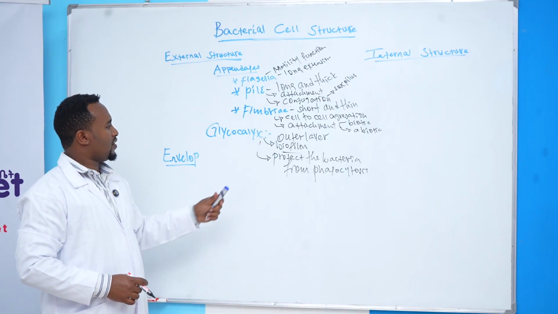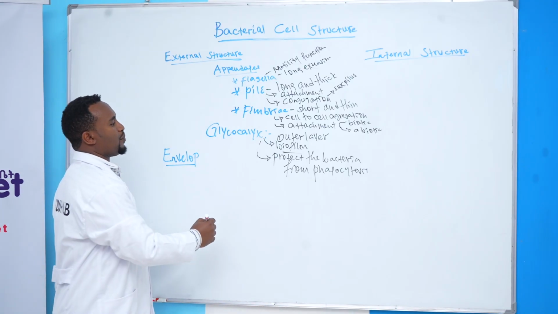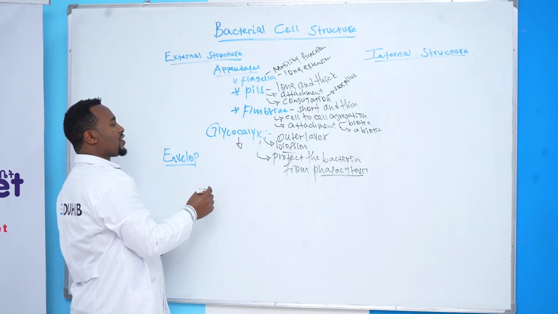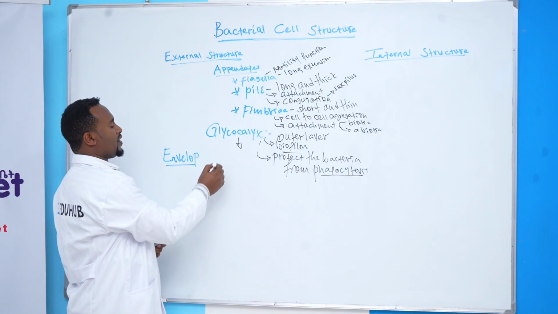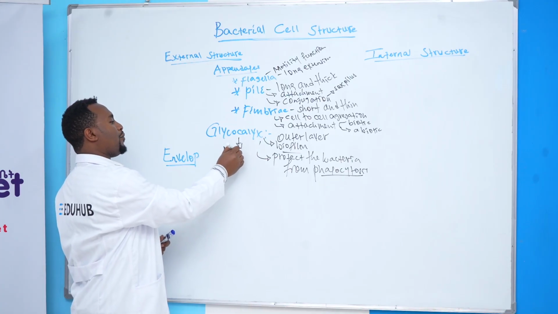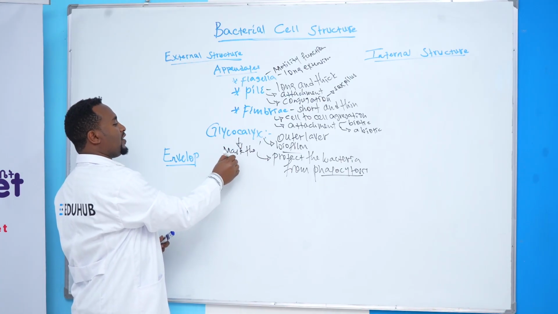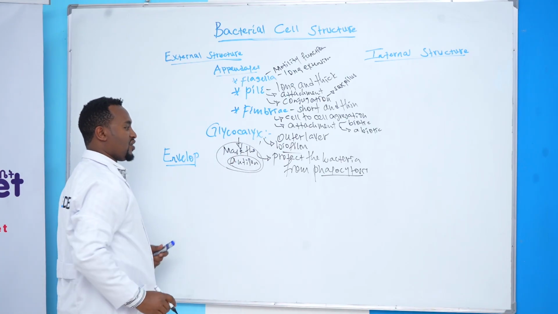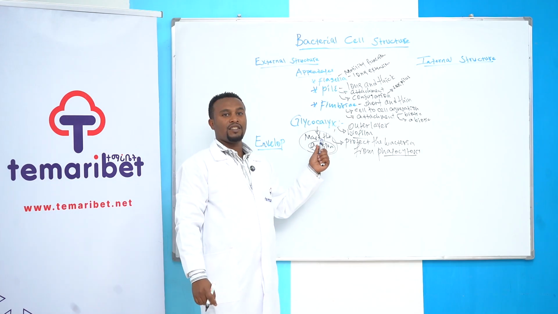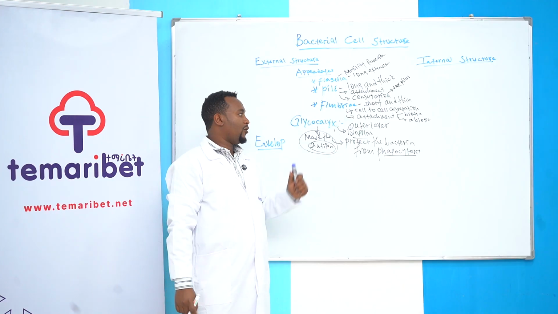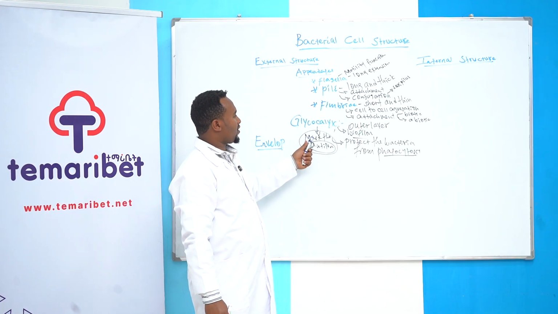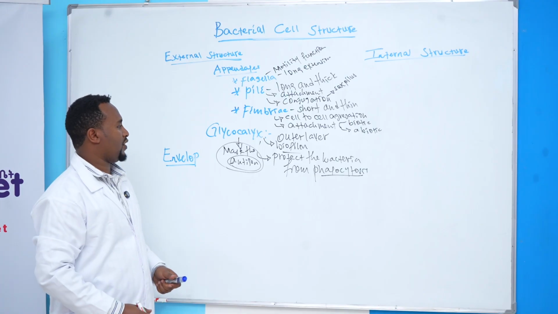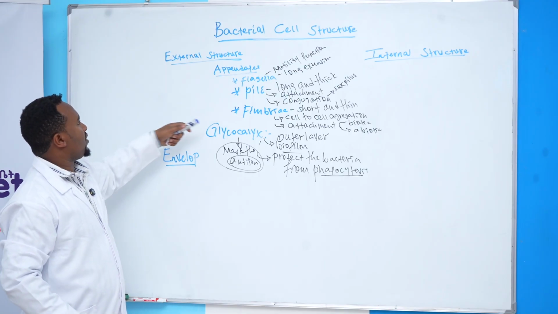The glycocalyx protects against this because it masks the antigen of the bacteria. If the antigen is masked, the host cell cannot recognize the bacteria. For this reason, it helps as a strategy for protecting from predators and from antibiotics. So these are the basic external structures.